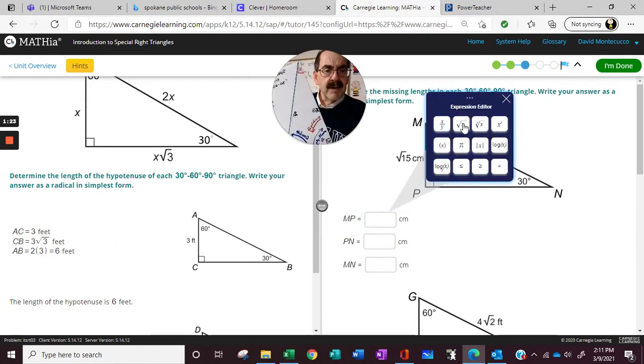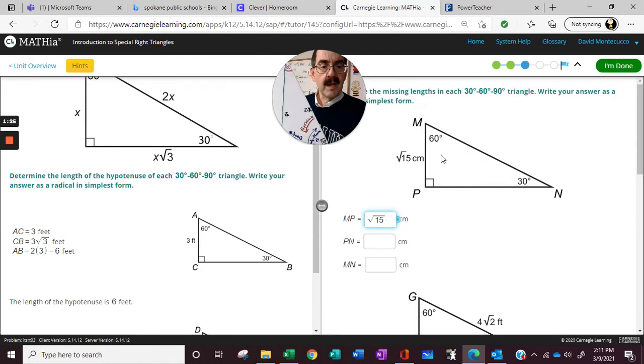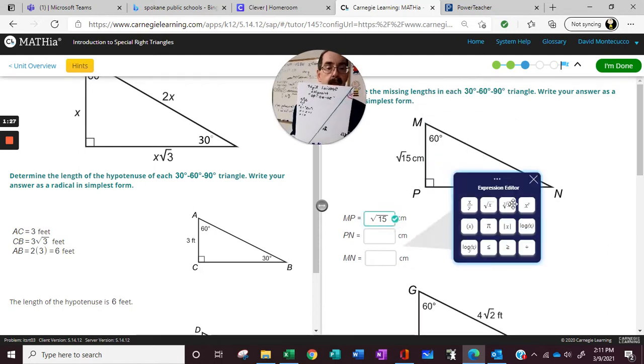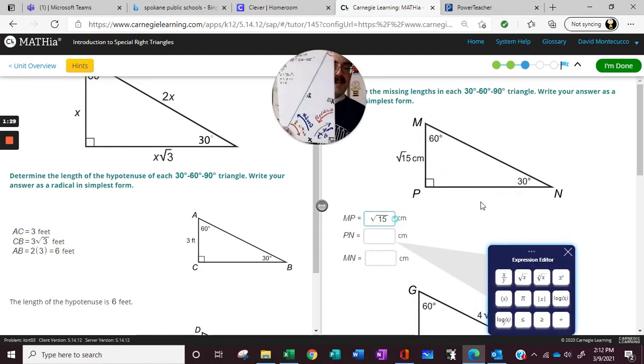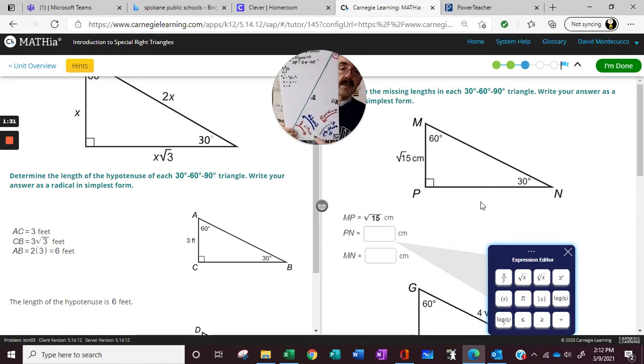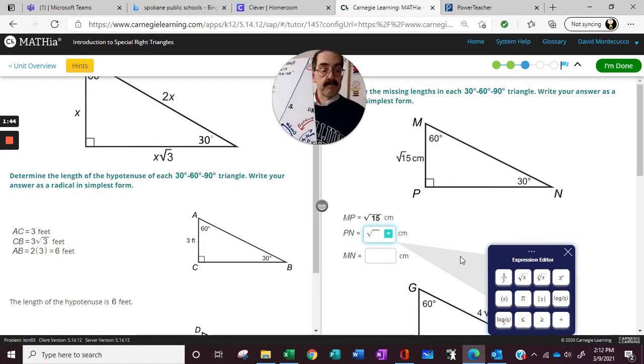So hit this little button, radical 15, enter. Now PN, from the short side to the long side, not the hypotenuse, we multiply by radical 3. Now let's see what happens if we multiply 15 times radical 3.